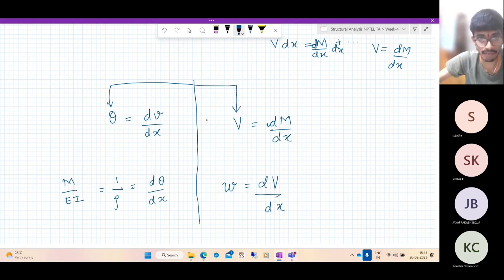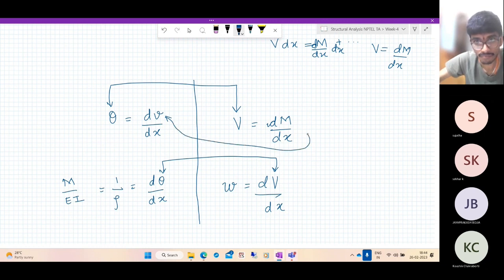If you replace theta by v, wherever you have theta on this side, you have v on the other side. And wherever you have the deflection v, you have moment on this side.